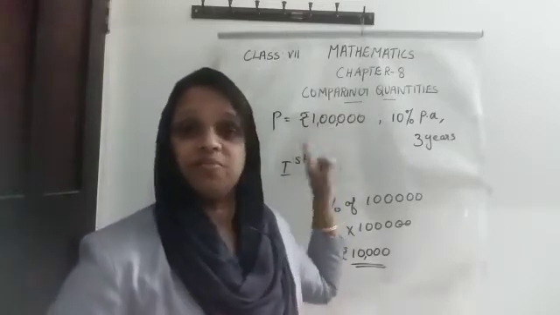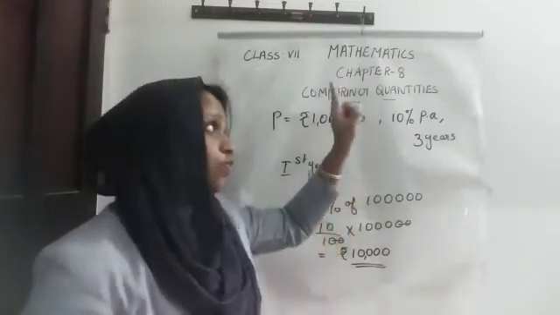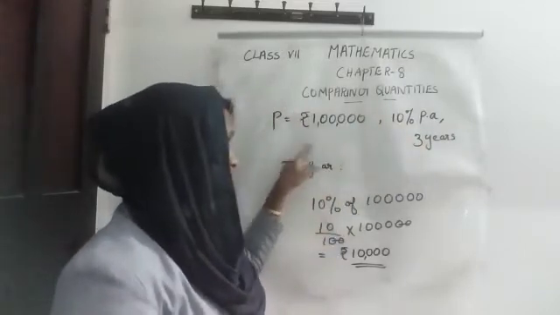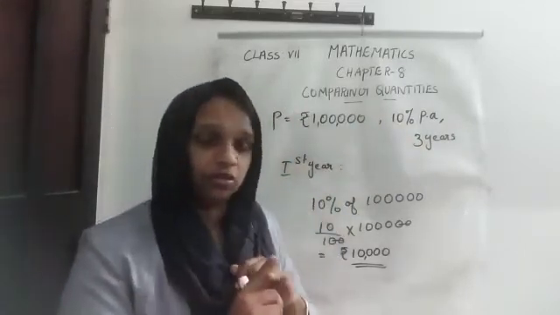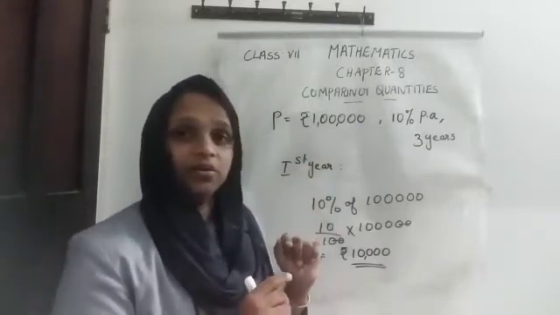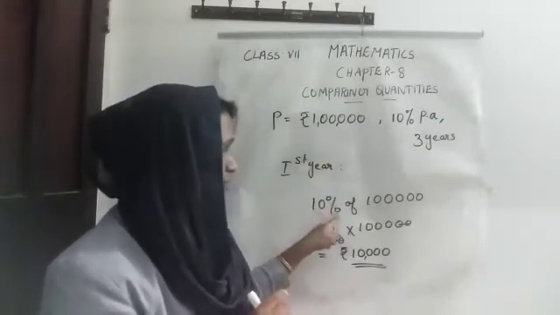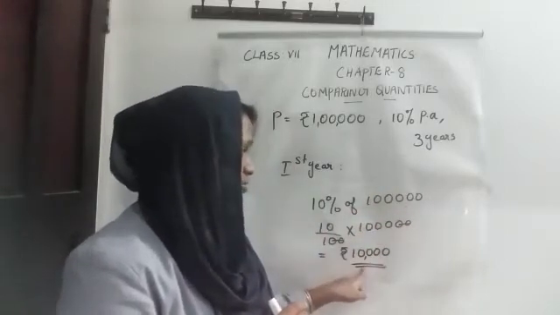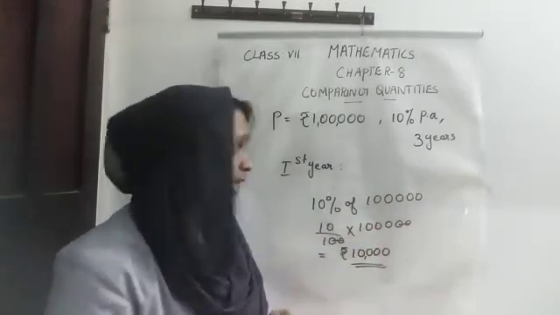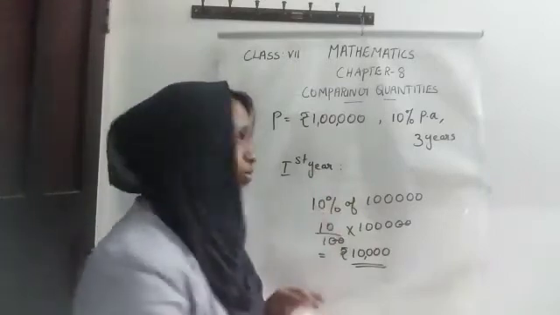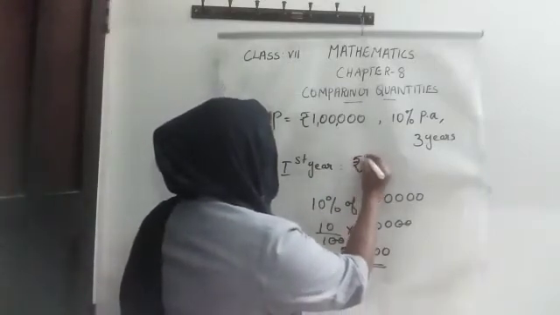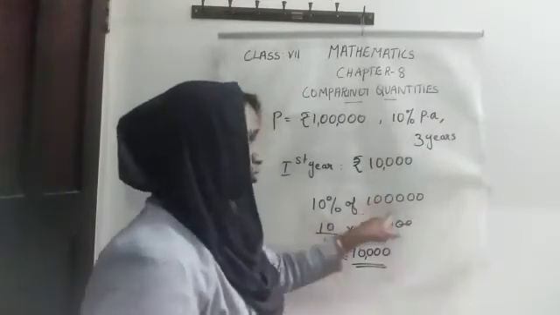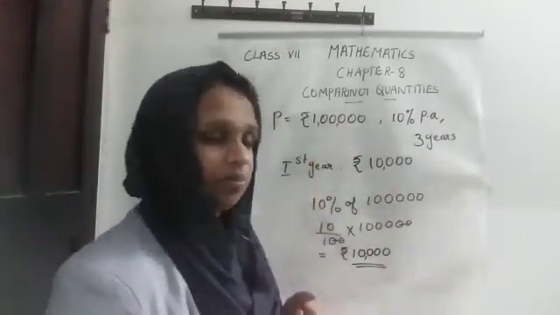So we can calculate the first year's interest. For that we consider 10 percent of 1 lakh, and that is rupees 10,000. So for the first year it is rupees 10,000, because it is always calculated on the principal amount.